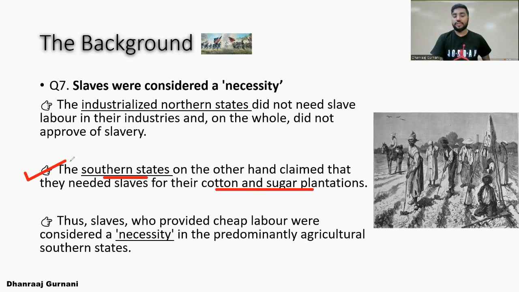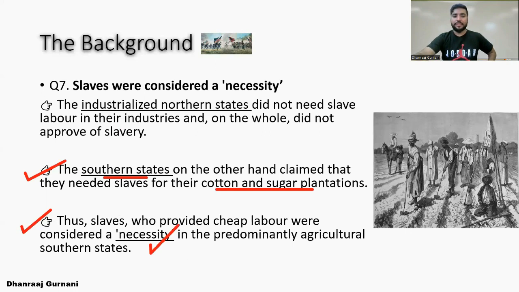Because they wanted these slaves to work on their cotton and sugar plantations, which were growing. Thus, third point, slaves who provided cheap labor were considered a necessity in the predominantly agricultural southern states. So southern states said slavery is a necessity.